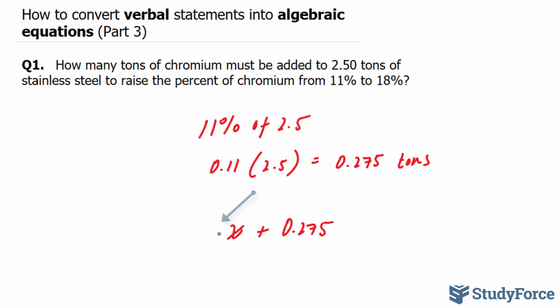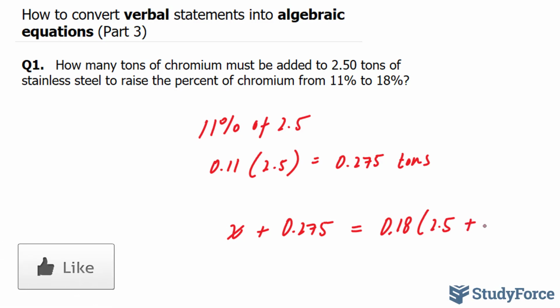So we have 100% of unknown chromium mass added to 0.275 tons. And this equals 18% of 2.50, which was the original mass, plus the unknown x.